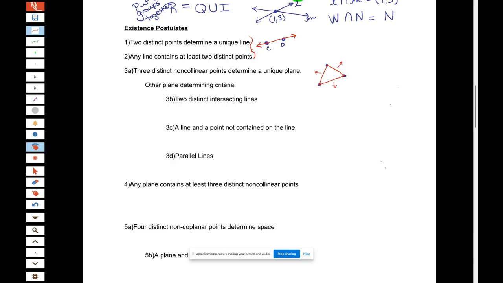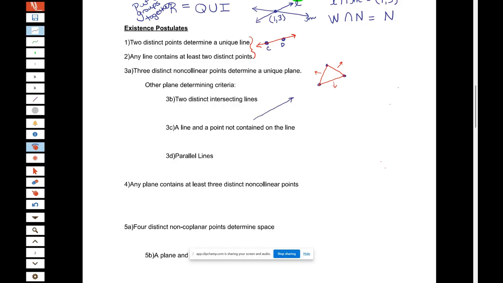Now you can have 4 non-collinear points where one of the points is not on the line with the other, and that works too, but you've got to have at minimum 3. Other plane determining criteria, I'll show you how they end up as 3 non-collinear points.